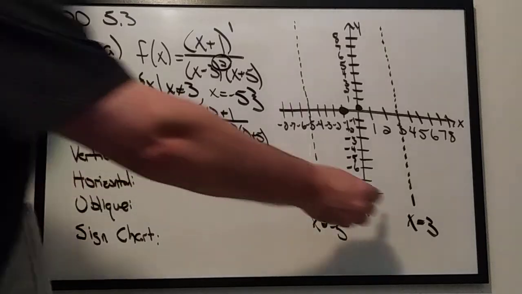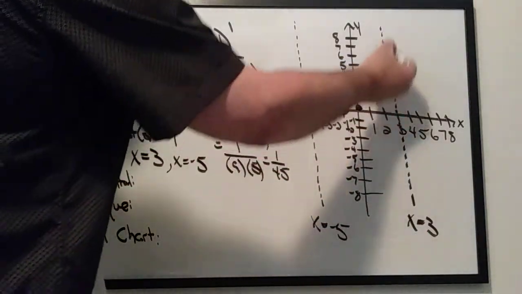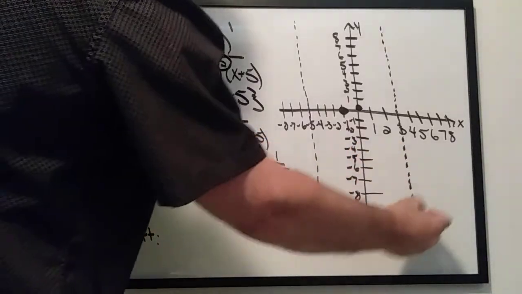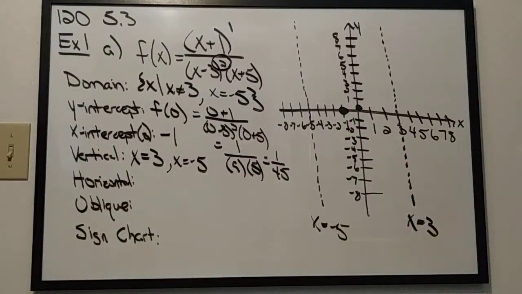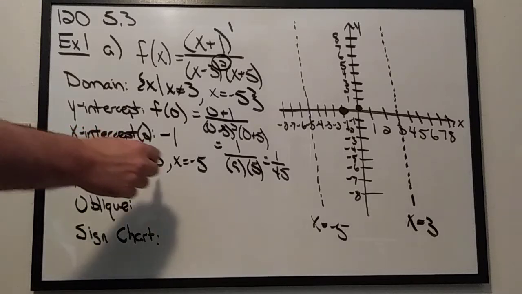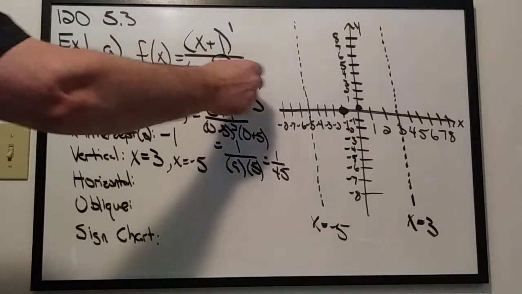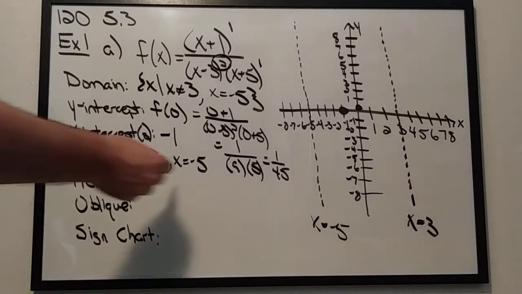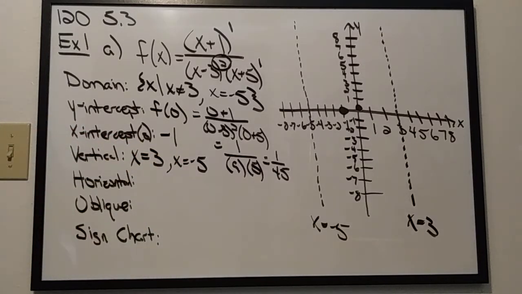So when you go over here to x equals 3, both sides are going to go up near that vertical asymptote, or both sides are going to go down near that vertical asymptote. However, on the other side, x equals negative 5, that has a power of 1, so the multiplicity of negative 5 is odd. If you have an odd multiplicity, the two sides behave differently. On one side you're going to go up, and on the other side you're going to go down. So we want to keep that in mind as we move forward as well.